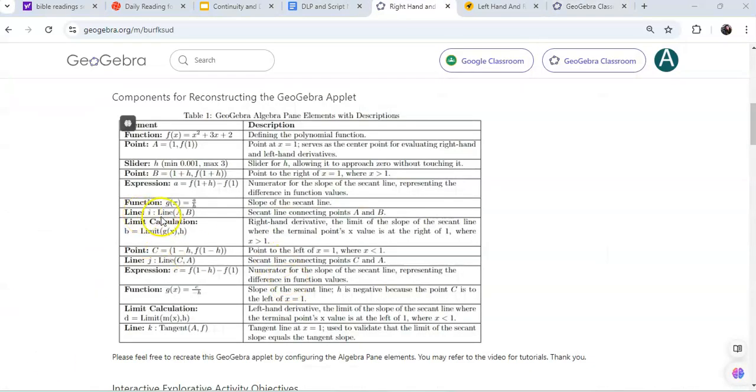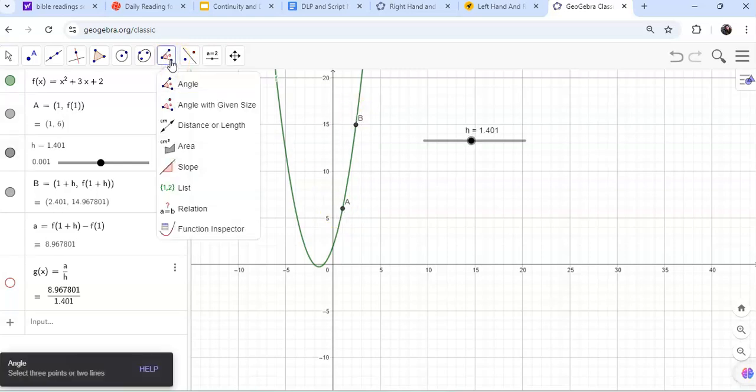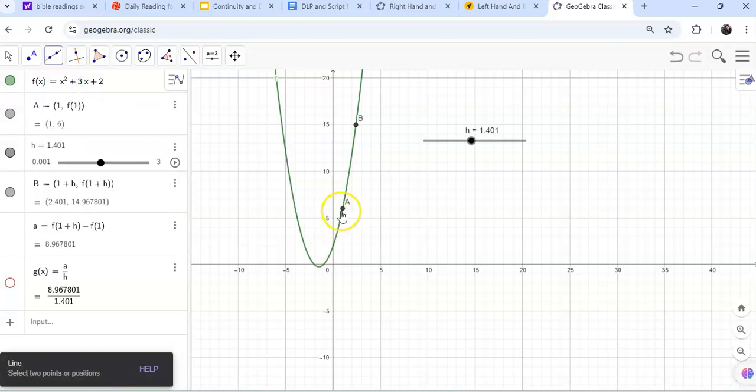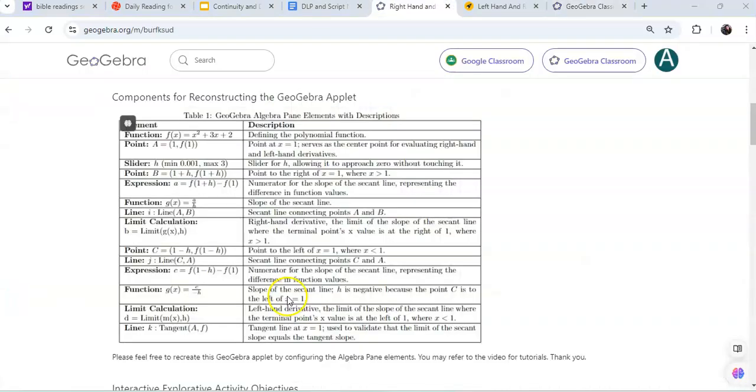Then we're going to draw the secant line connecting points A and B. Next, we're going to type b = Limit(g(x), h). The parameters of the limit functionality are the function itself and the approaching value.